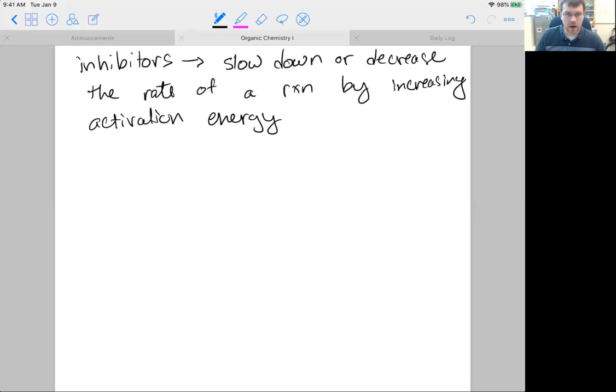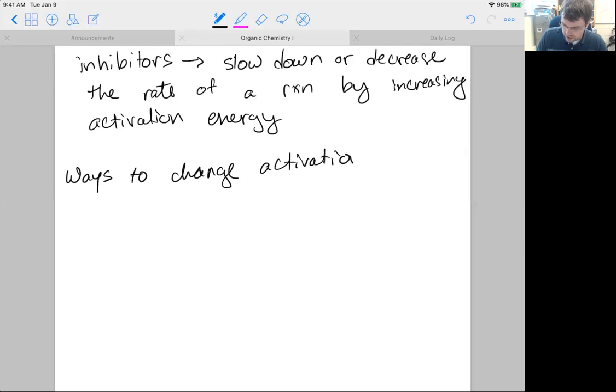So, how do we change the activation energy? Well, I suppose if we're going to be really precise, there are a large number of ways that we could change the activation energy. But in general, if we focus on what the activation energy is, the ways to change it will actually be a little bit simpler.